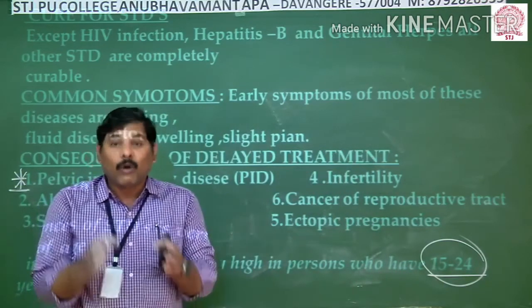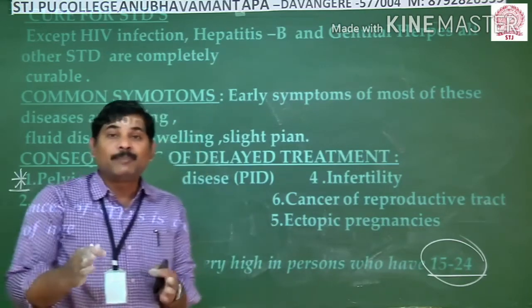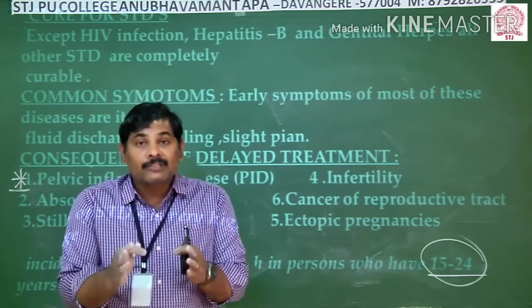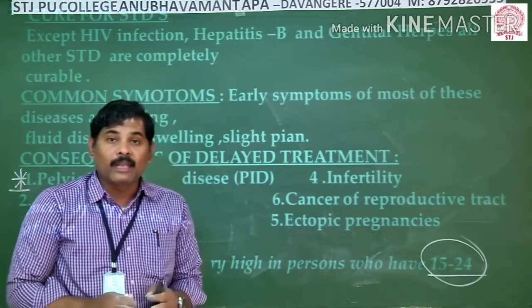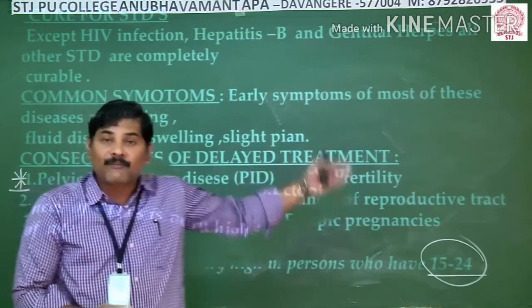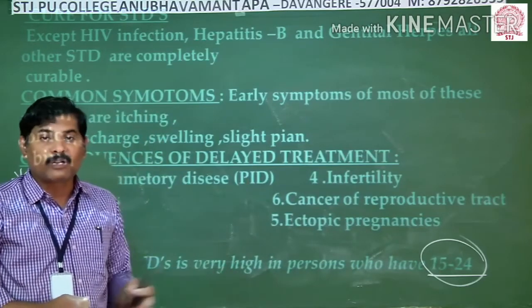The youngsters like you, who are in the age period between 15 and 24 years, are the ones most of whom are getting infected by these pathogens, and they are suffering from all the varieties of sexually transmitted diseases we discussed.